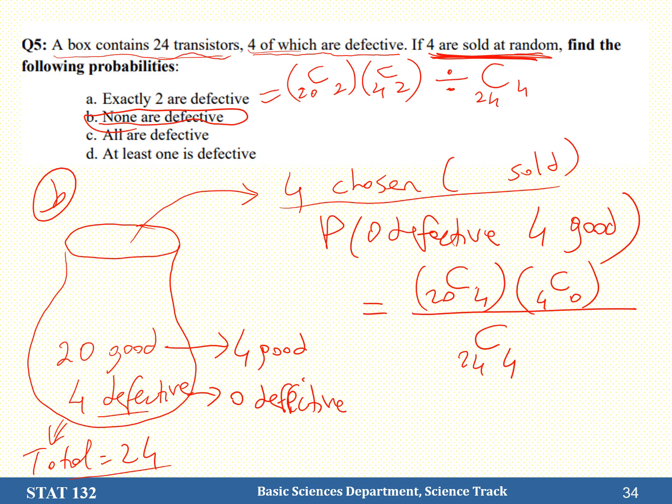This is equal to 20 choose 4 times 4 choose 0. This is 1. I mean, if you do the calculation, you will see it's 1. Divided by 24 choose 4.